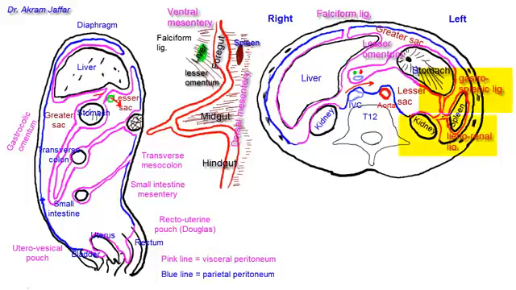Originally they were the dorsal mesentery of the foregut, where the spleen started to grow, dividing it into two parts.